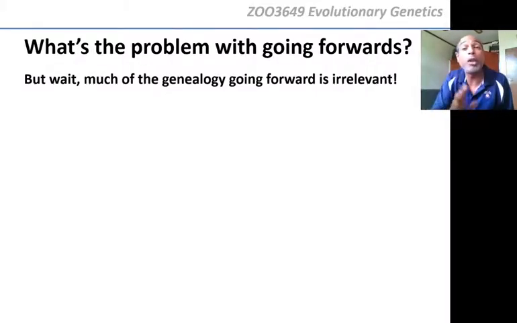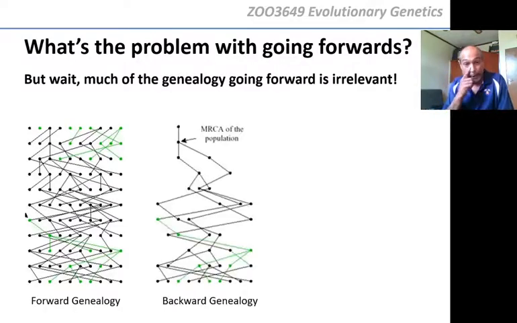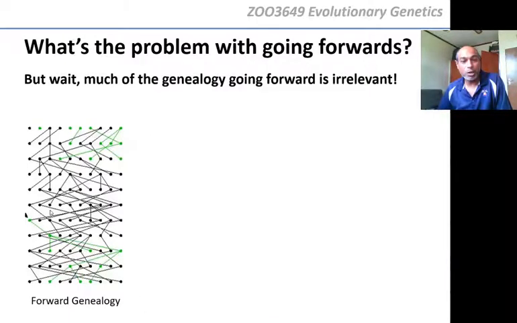We're trying to model in the forward direction. Okay? So in other words, look at this. This is trying to model the Wright-Fisher population in a forward genealogy. You have to then model every single individual in every single generation contributing to the next generation.